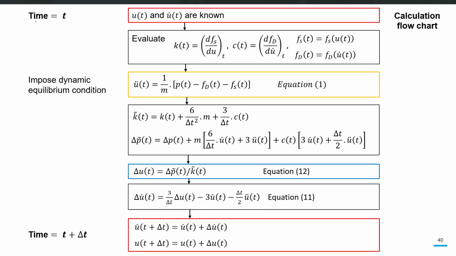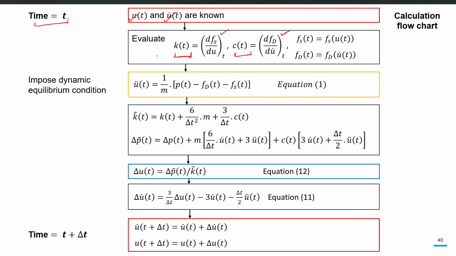So let's say at any time instant t, we have u of t and u dot of t known. We calculate the instantaneous slope at that time instant for the fs and u relationship and for the fd and u dot relationship. This slope is k of t, and this slope is c of t.